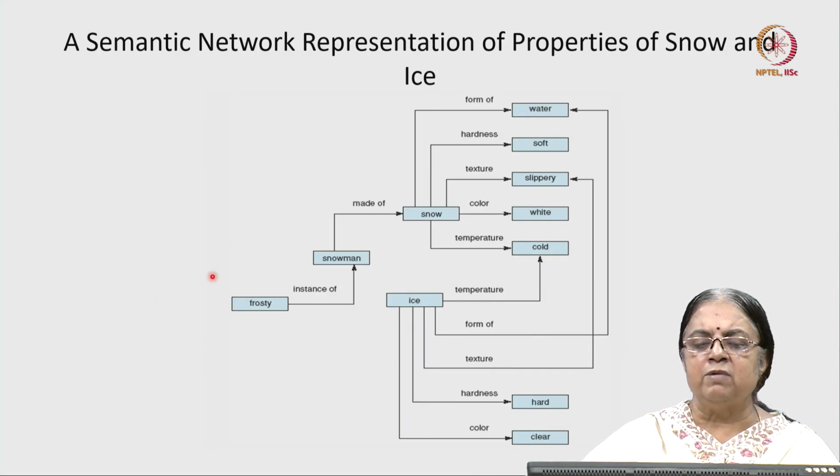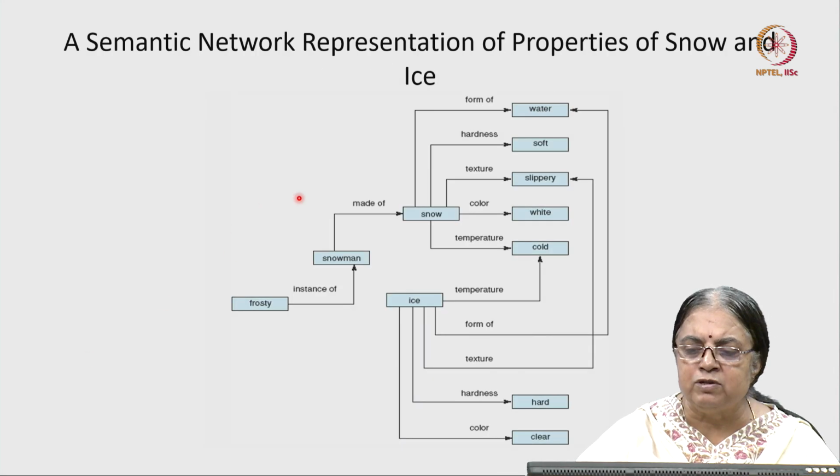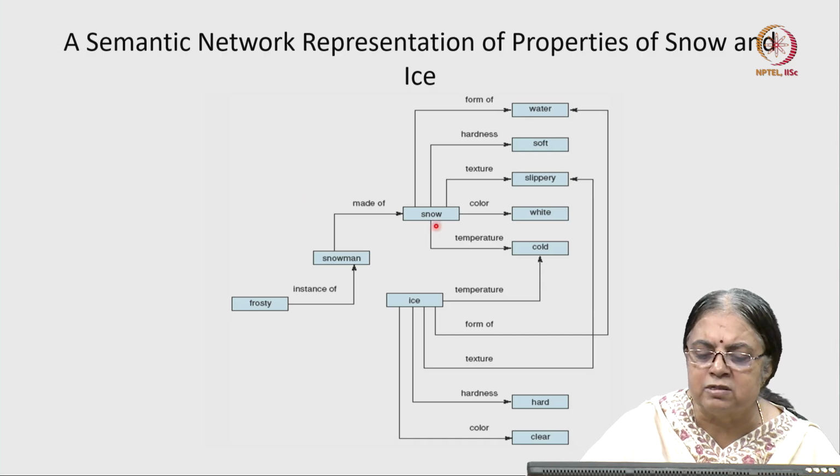So, here is a semantic network to tell you the difference between snow and ice. So, you have snow, and snow is slippery, soft, white, cold, etc. So, you have this relationship between snow and cold.